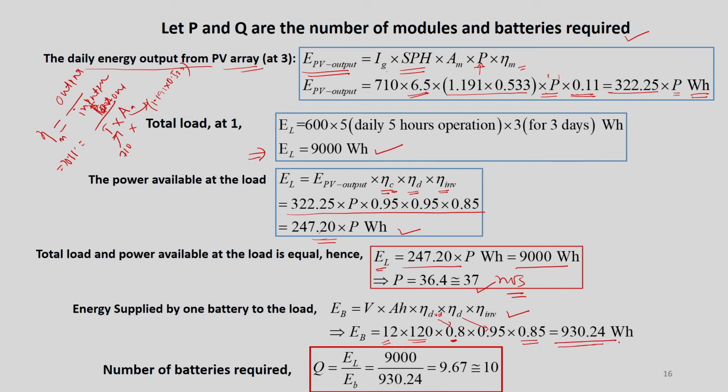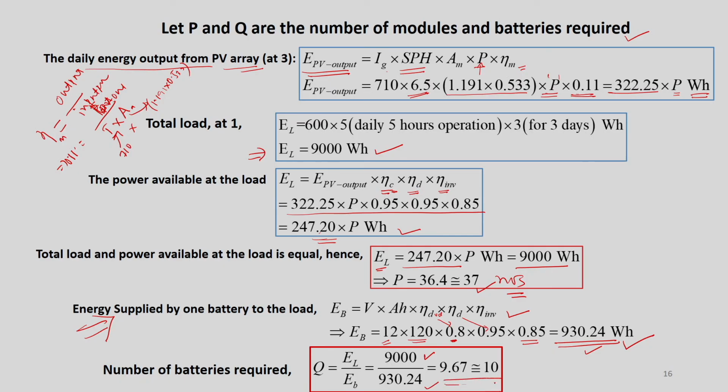So, it is about 930.24 watt hour. Okay. So, from this we can calculate the number of batteries. So, this is for a single battery. So, if I am interested to know the number of batteries required, of course, we need to divide this by 930.24.